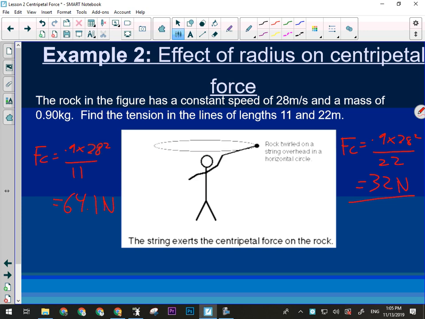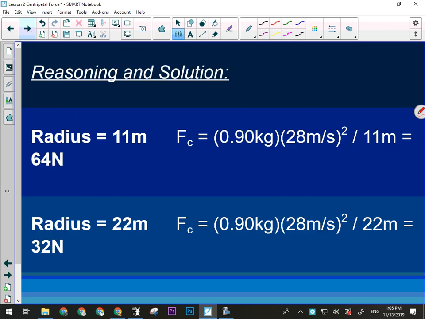Okay. So the tricky part with centripetal force is really determining what's acting as a centripetal force. Most of the problems that we solve in this unit are going to involve us doing this. Setting Fc equal to some other force. Maybe it's gravity, okay? Maybe it's friction, okay?